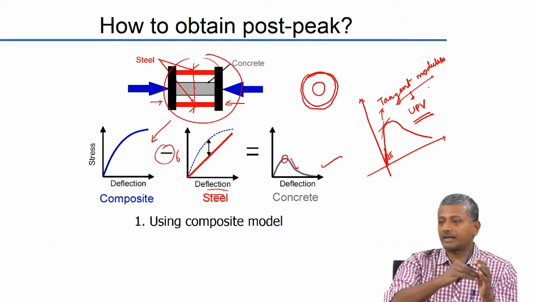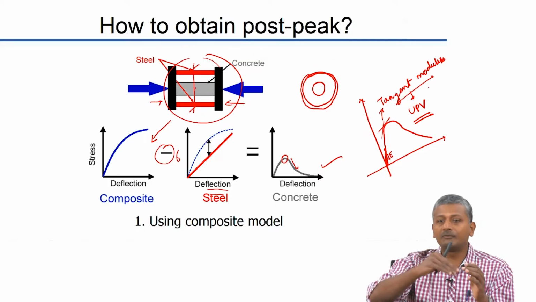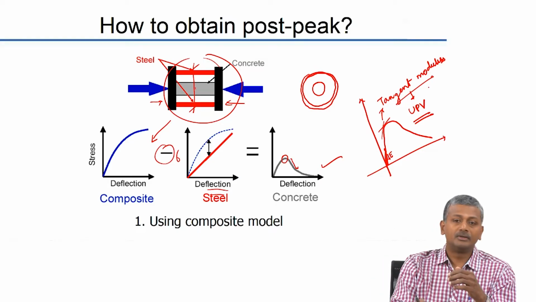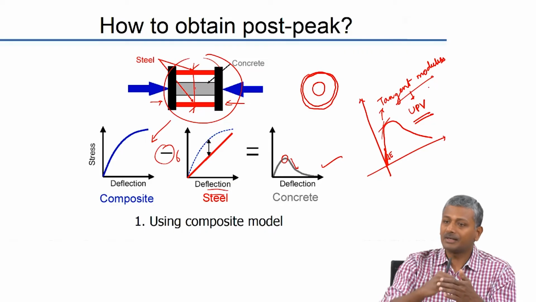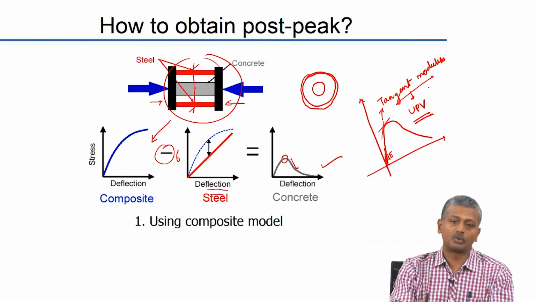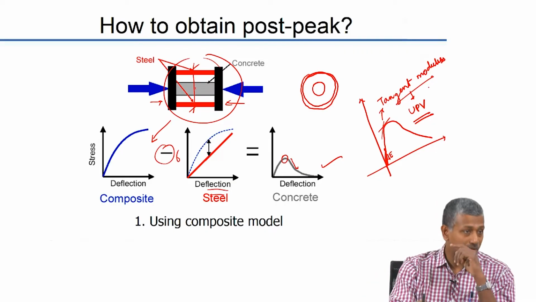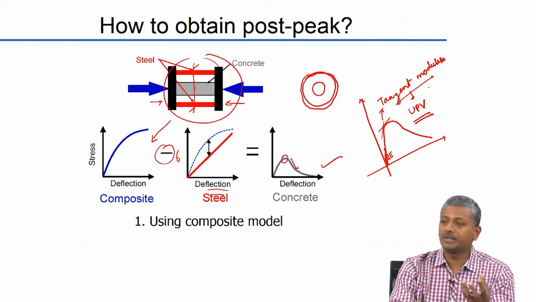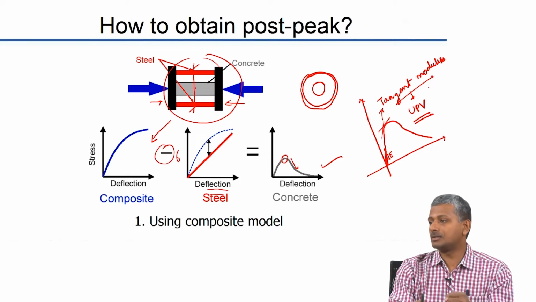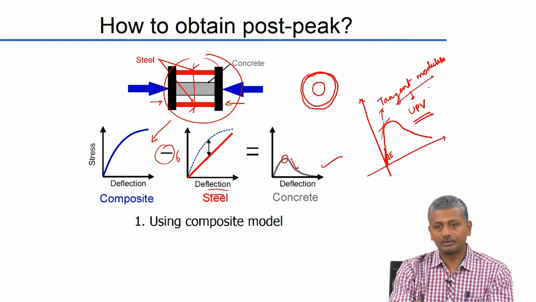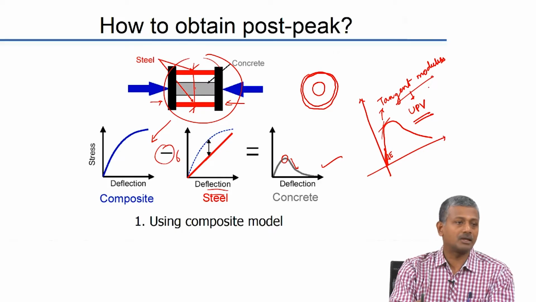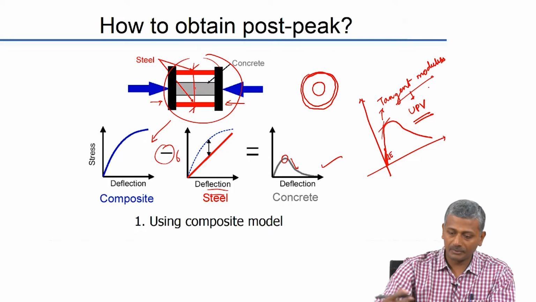When you have more and more cracking, the velocity also will reduce, and when you convert this velocity into modulus, you can again determine the decrease in modulus with increasing levels of loading. Okay. So, that is also interesting, because it gives you a way to actually determine the deterioration levels in concrete with a non-destructive technique like ultrasonic pulse velocity.